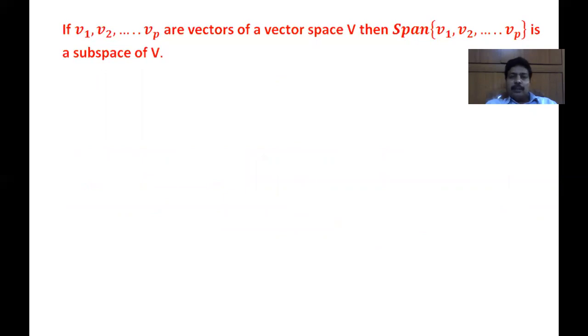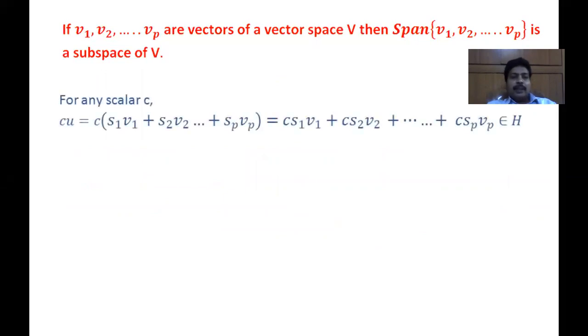Now let us prove the third property. For any scalar c, cu is equal to c times u. u is nothing but s1v1 plus s2v2 and so on spvp. That is equal to c times s1v1, and so on. By distributive law, we can multiply this c with each component. And now cs1, cs2 and so on, csp are the new scalars.